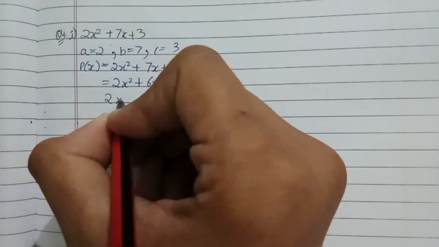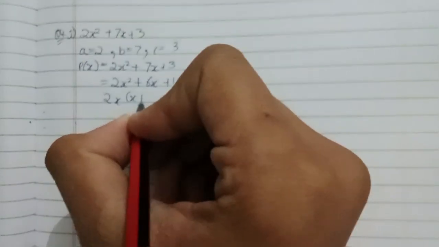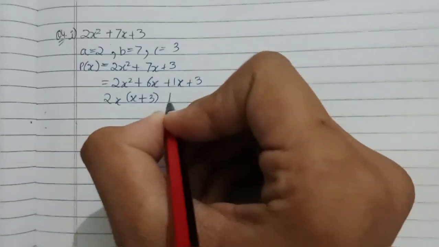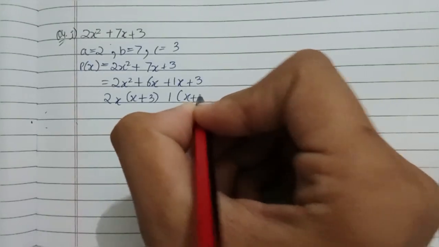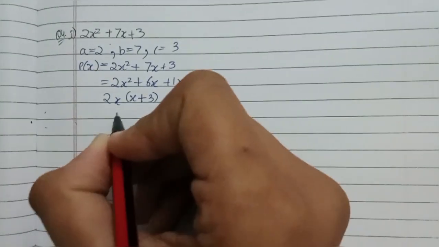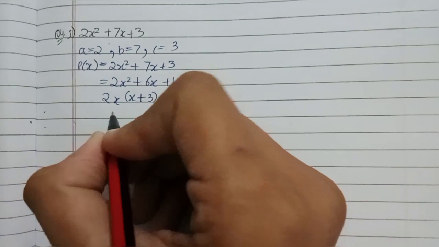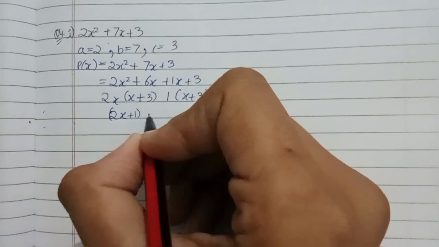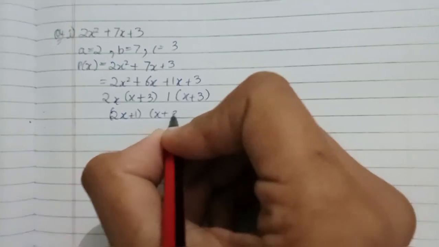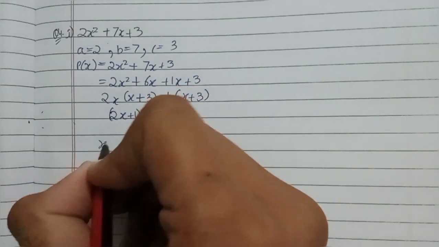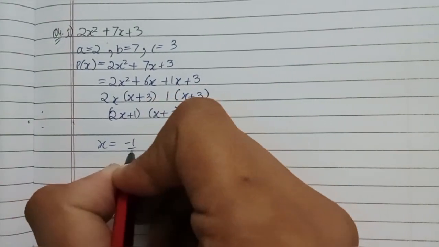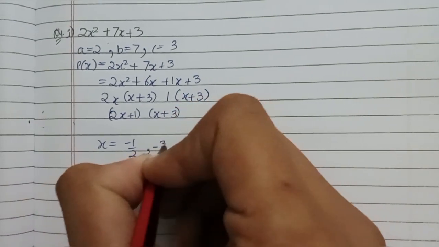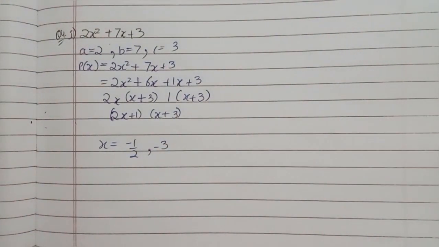Now 2x into bracket x plus 3, 1 bracket x plus 3. Now the final answer is 2x plus 1 and x plus 3. So x equals minus 1 upon 2 and minus 3. So this was the first part.